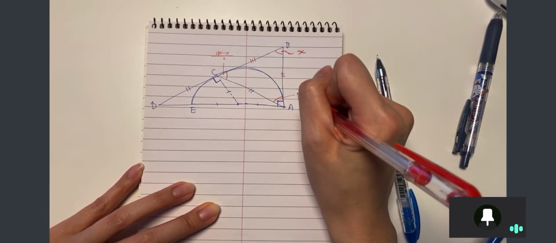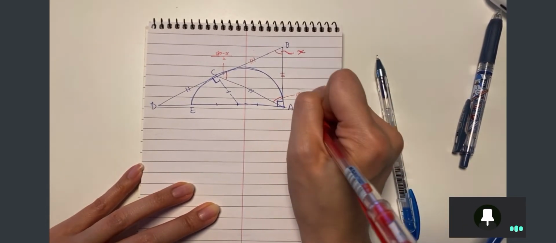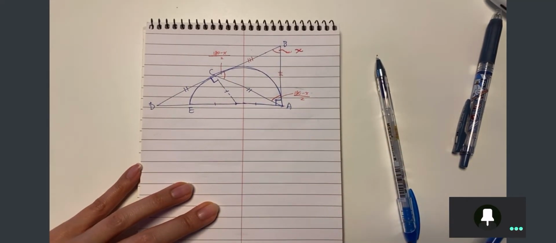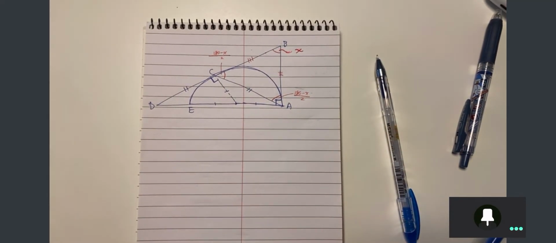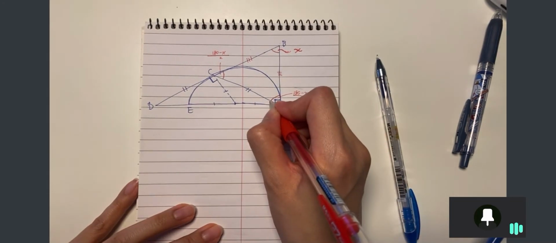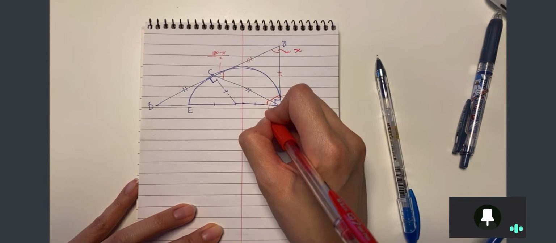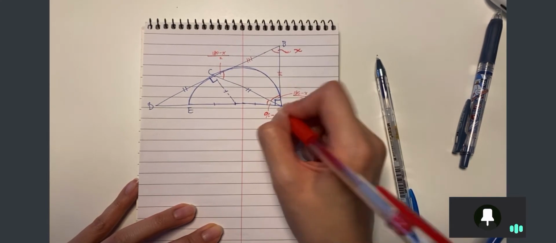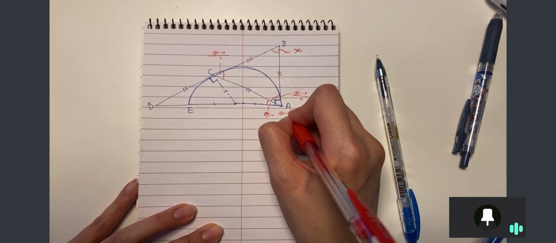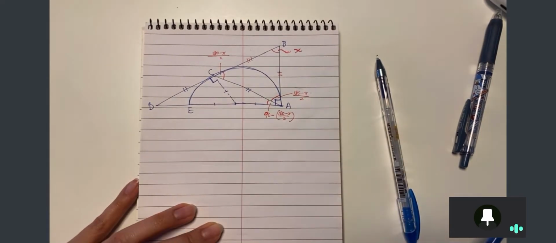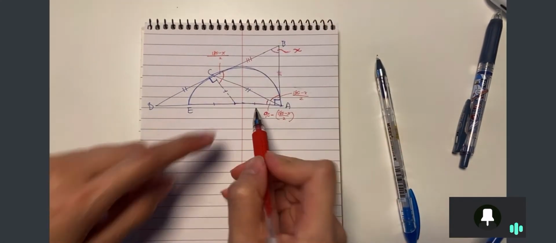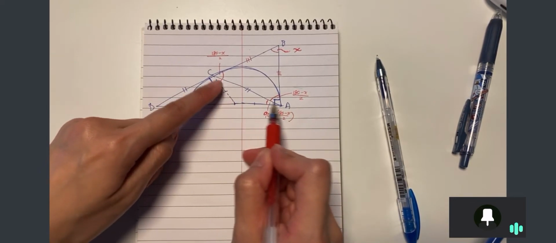This one is also (180 minus x) divided by 2, right? And then you can also find this one is 90 minus (180 minus x) divided by 2, right? That means this one also, because this is an isosceles triangle also.